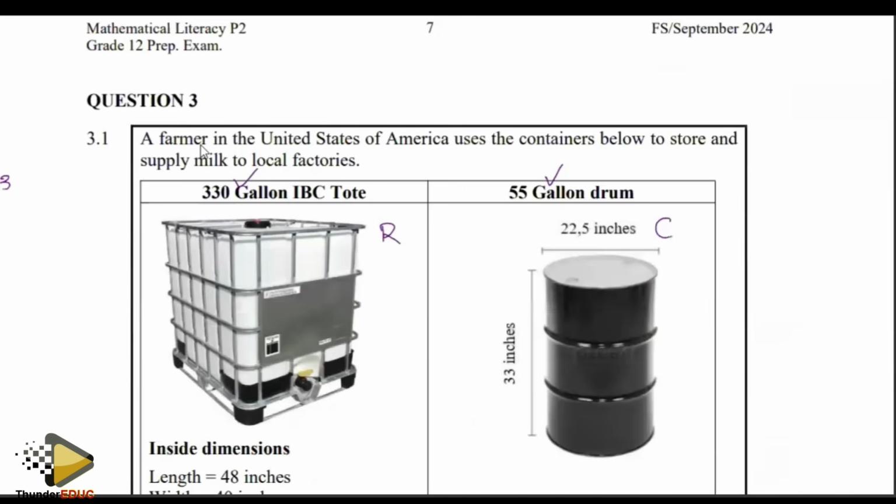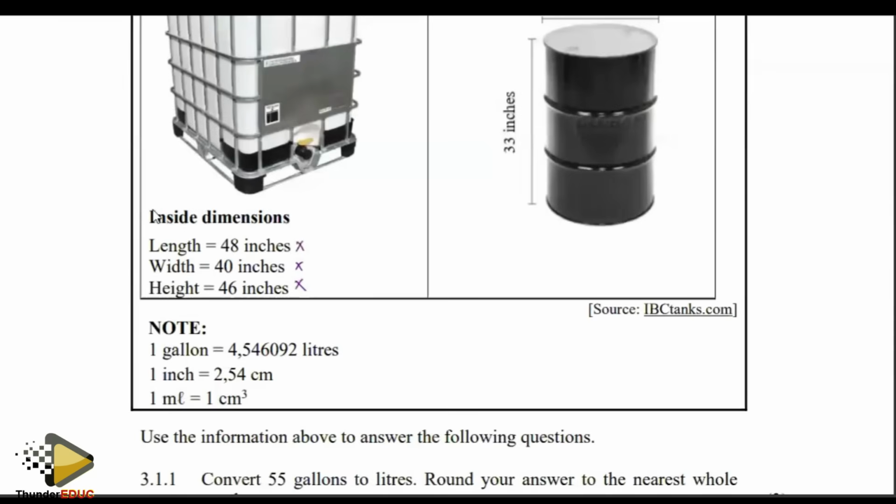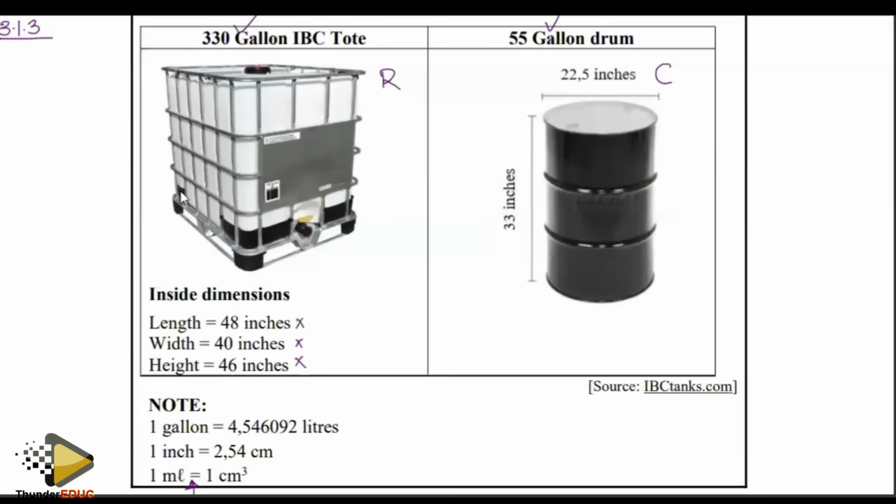So we look at question number 3.1.3. We're looking at volume, but before that, these have to be turned into centimeters, because the conversion we are using is this one here. 1 inch is equivalent to 2,54, so these are all going to be multiplied by 2,54.